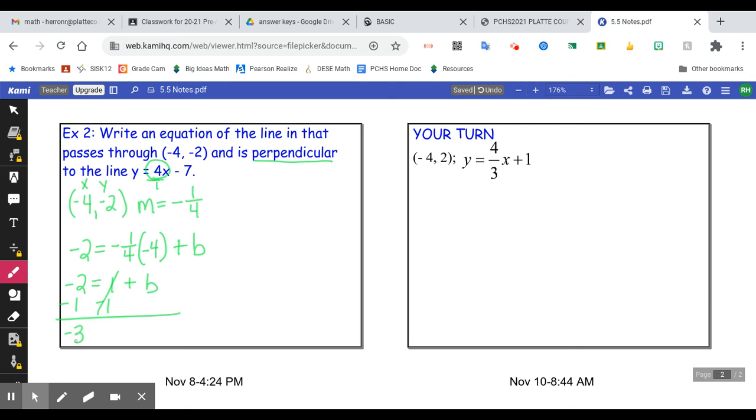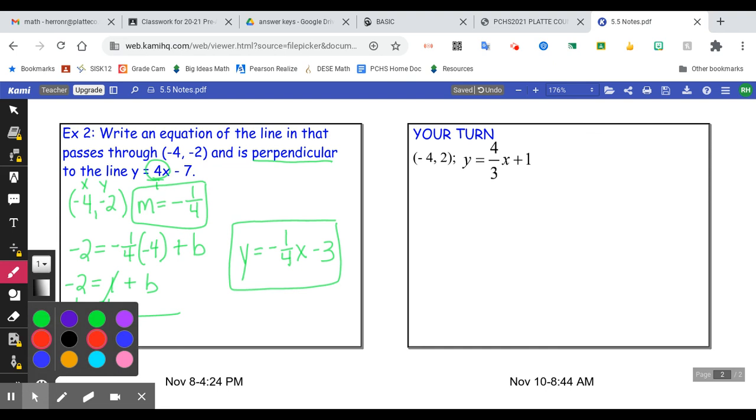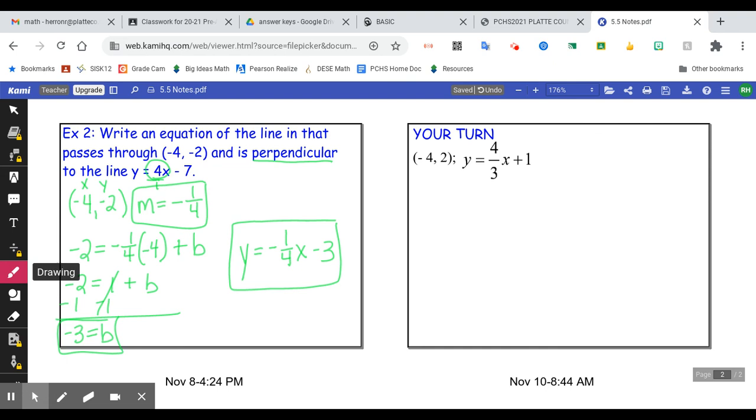And we get negative 3 for b. So again, here's m, here's b. My equation is y equals negative 1/4 x minus 3. Okay, your turn. Pause it, and then join me back here in a second to see if you're correct.